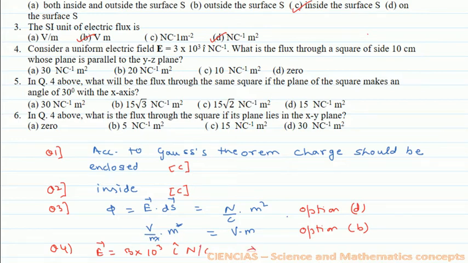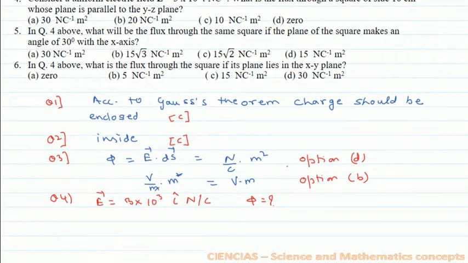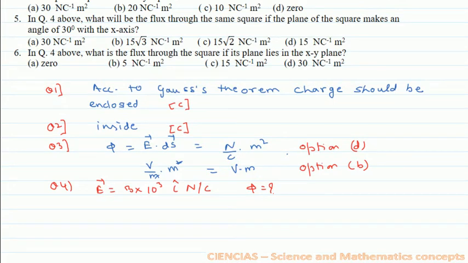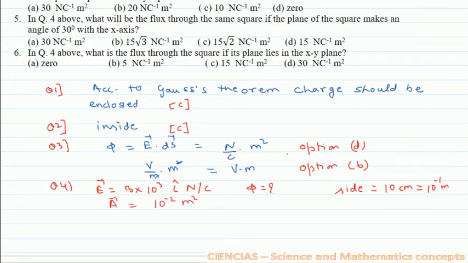Then we have to find the flux through the surface of side 10 centimeter whose plane is parallel to the YZ plane. Area side is 10 centimeter, that is 10 to the power minus 1 meter, so area is 10 to the power minus 2 meter square.